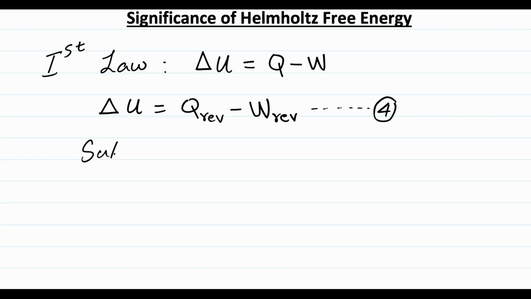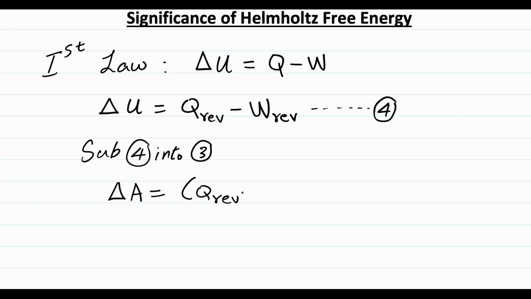So substituting equation 4 into 3, we are going to get del A is equal to heat minus work of the reversible process minus heat involved in the reversible heat transfer.